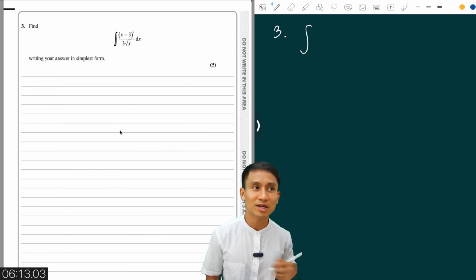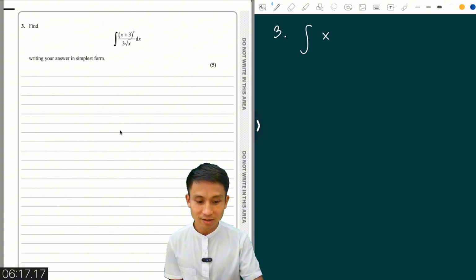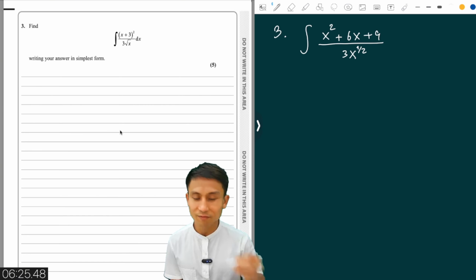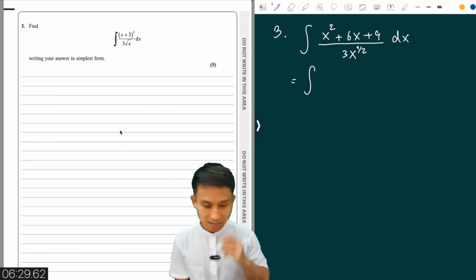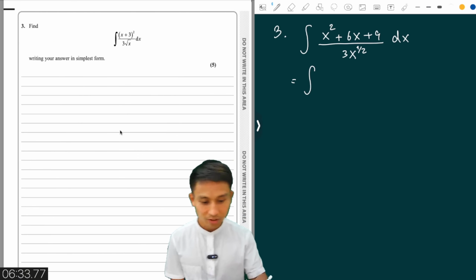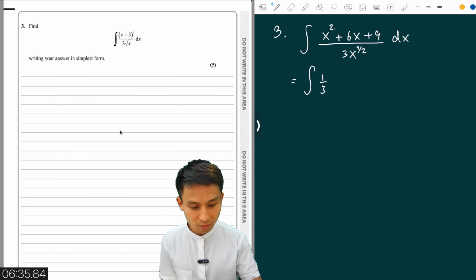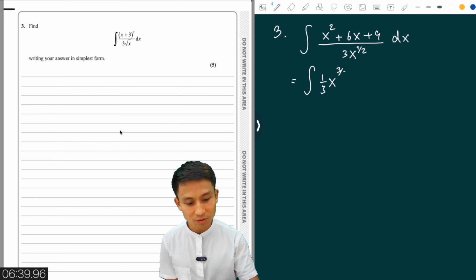Okay, integrating that. Now, by the looks, we should expand first. When you see a complete square or even a cubic, yeah? So that's x squared plus 6x plus 9. When you expand that out, and this is just x to the half, right? Just make it like that. And then if you split them into 3 partial fractions, you're going to get, this one is 1 over 3, x to the 2 minus half is 3 over 2, yeah?